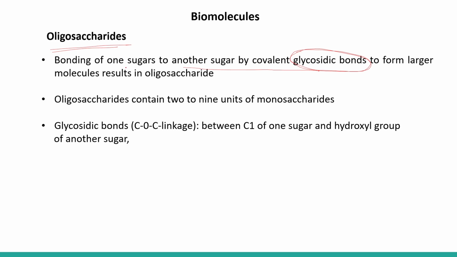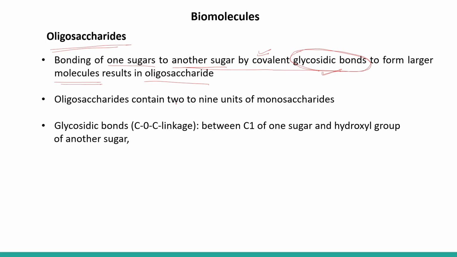Here, one sugar molecule forms a covalent bond with another sugar molecule. And what is the name of that bond? Glycosidic bond. And that forms a larger molecule which is called an oligosaccharide.